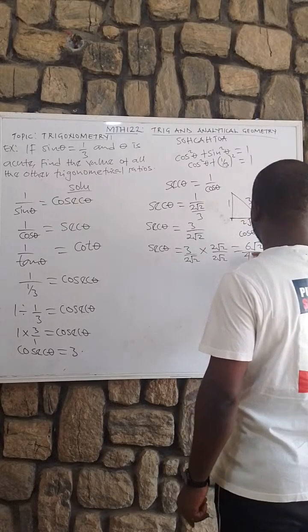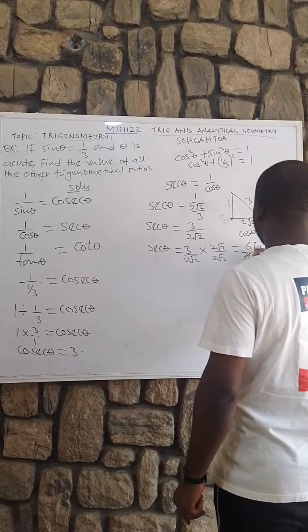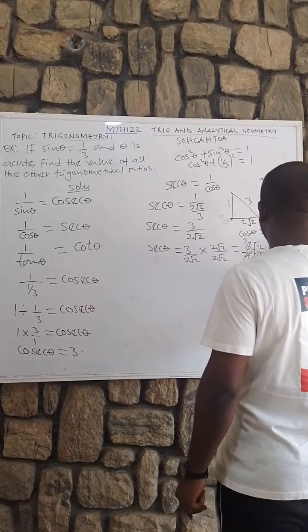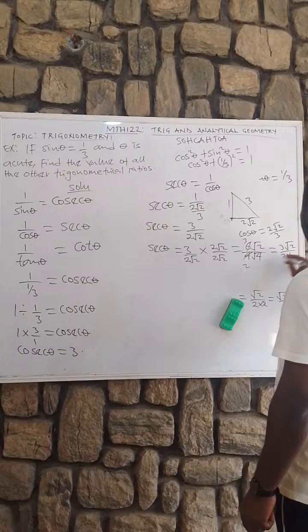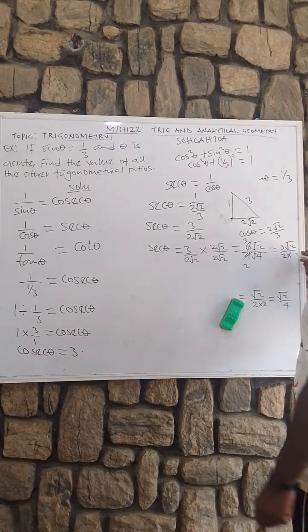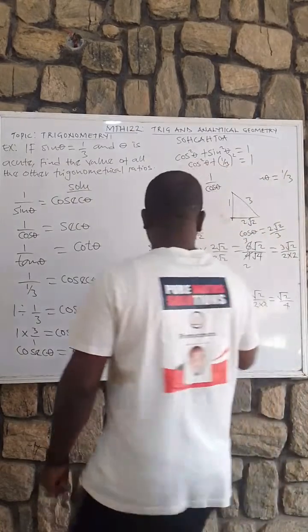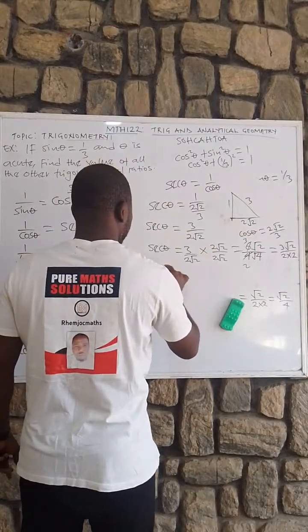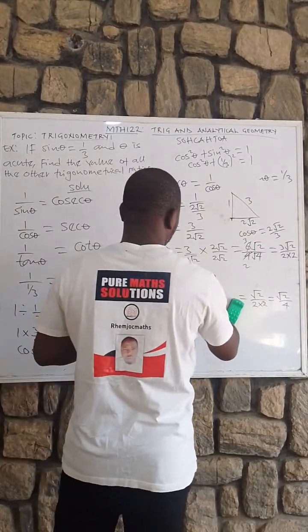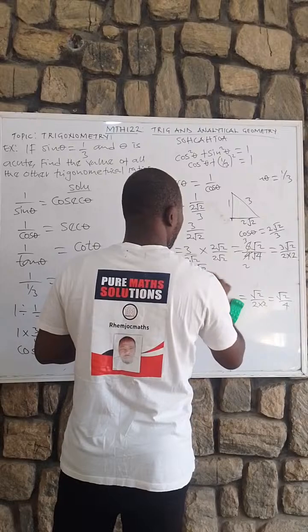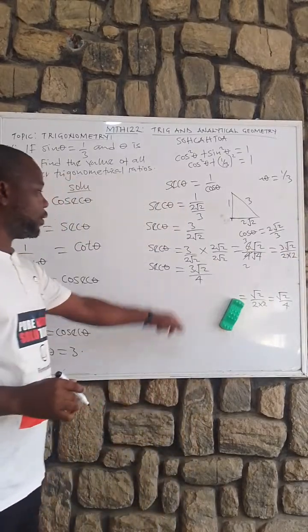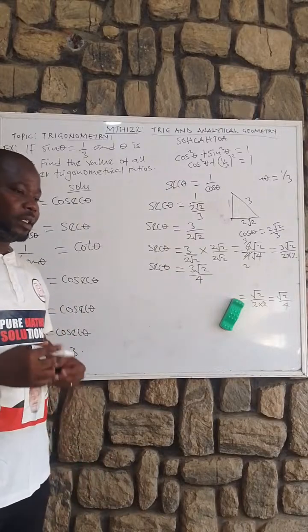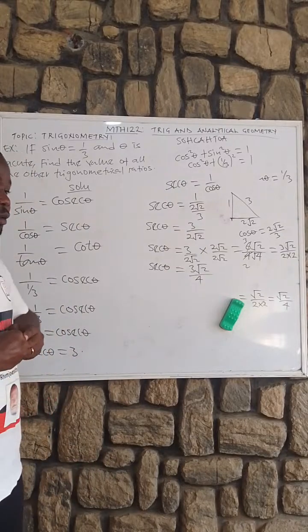Then square root of 4 is 2, right? So sec theta will now be equal to 3 root 2 all over 2 times 2, which is 4. True or false? That is sec theta for you.